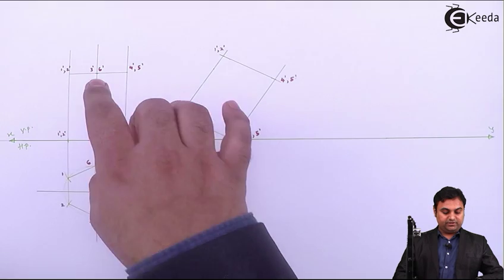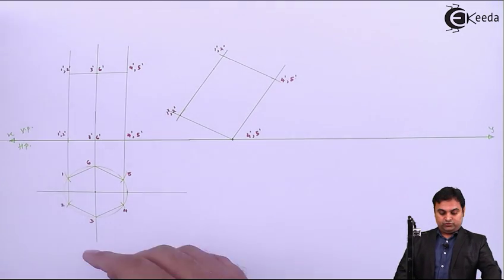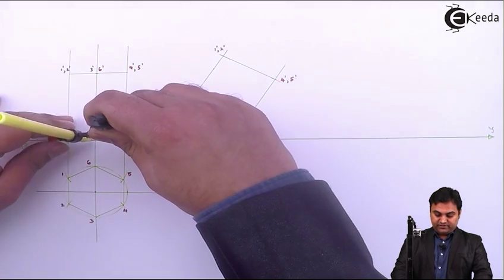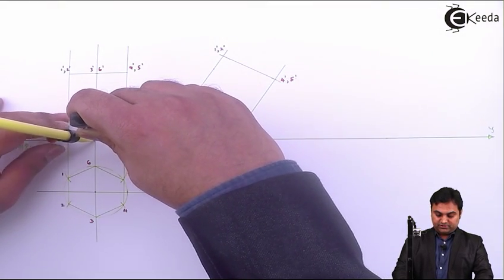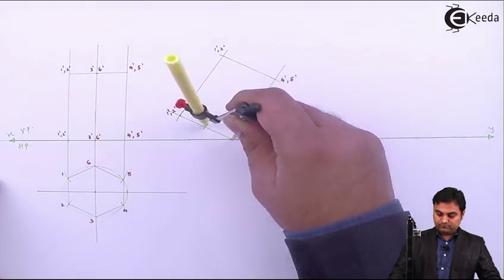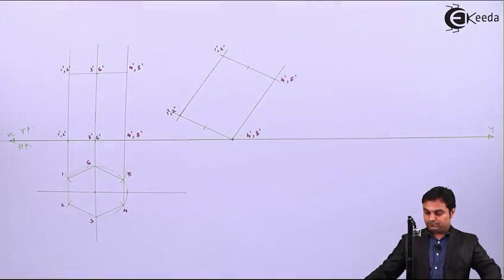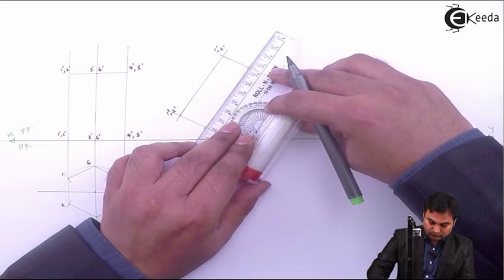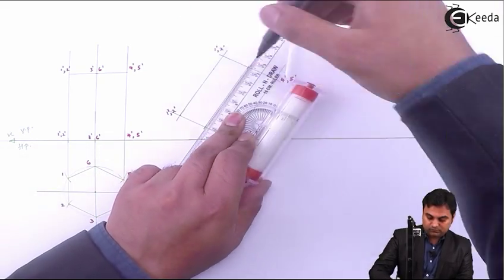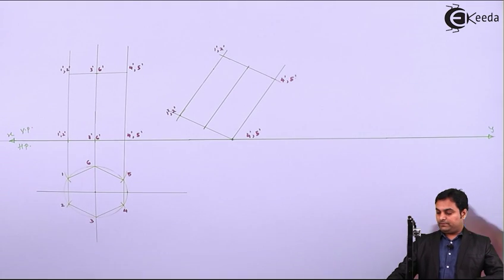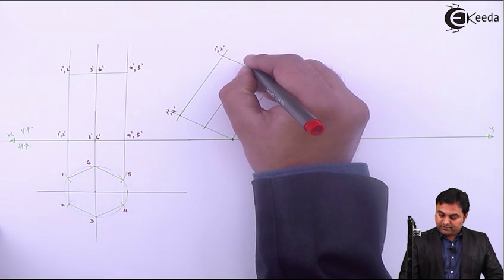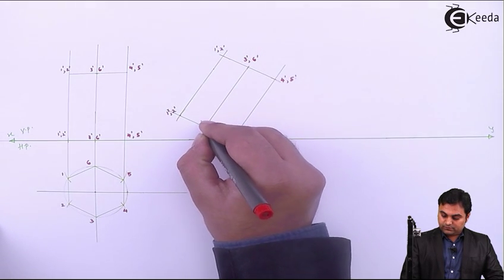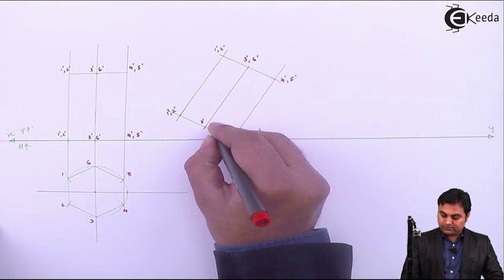Then marking this point 3 6, so measuring the distance from 4 5 up to 3 6. So drawing a light line through it, and here I have the point 3 6.